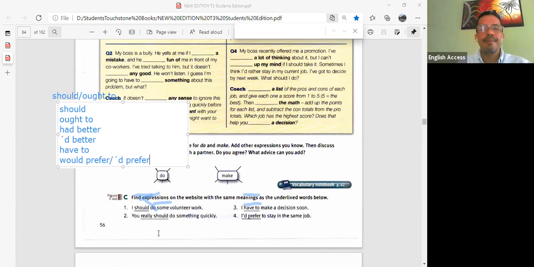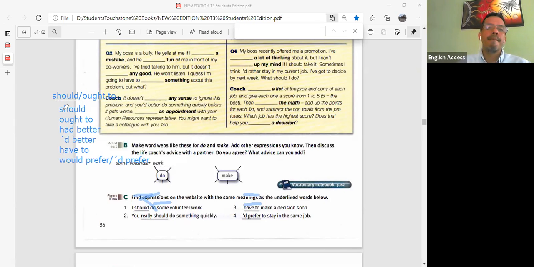It's the same. So these two are very similar. You really ought to do something quickly, or you'd better do something quickly, right?